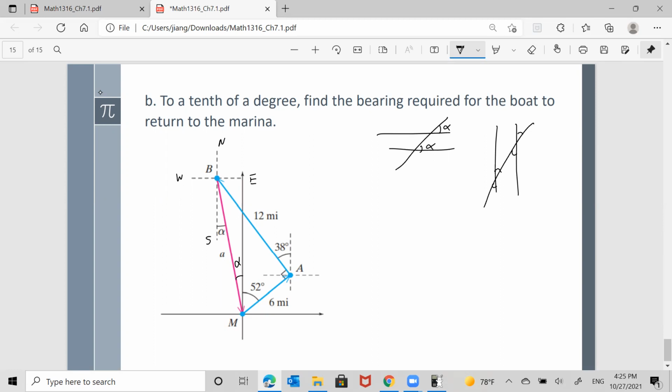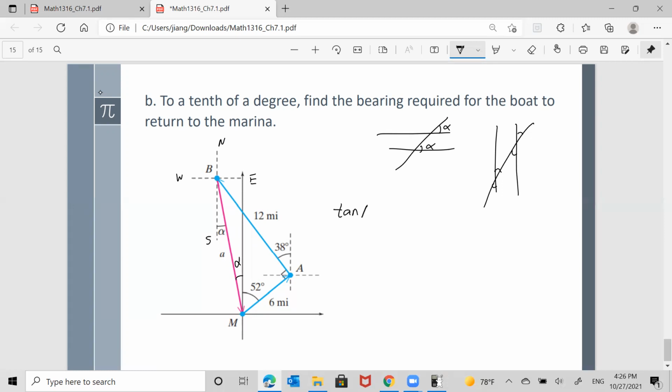So in this right triangle, we know this side, and we know this angle. Can we find this angle? For example, this is M. If we know the angle M, minus 52, I can find alpha. This alpha is this alpha. So let's find angle M. The opposite of M over the adjacent of M is the tangent.